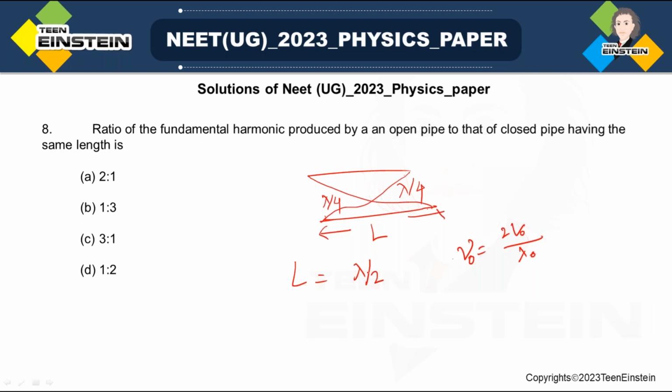Now we have got one thing, another one for closed, one side closed. There will be node anyway.